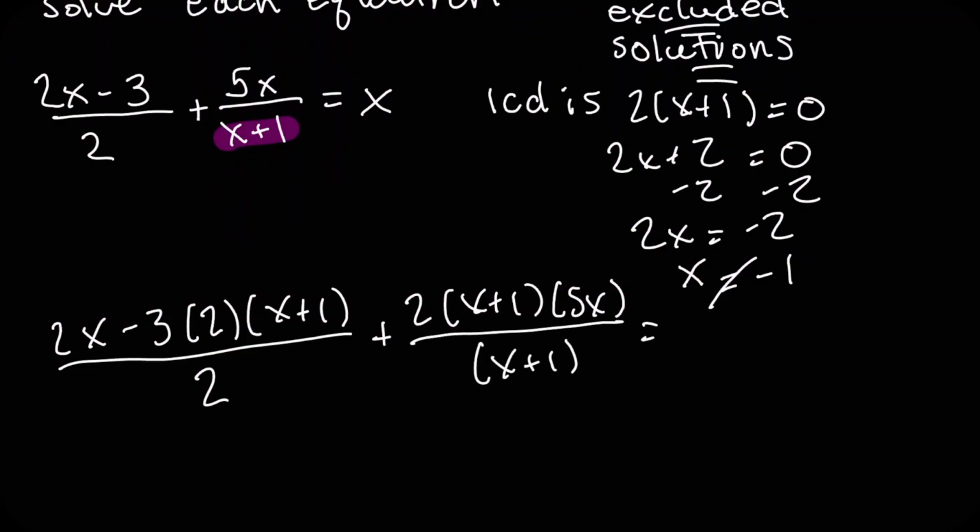And last, we will have an x multiplied by 2(x + 1). So go ahead and see what will cancel out.